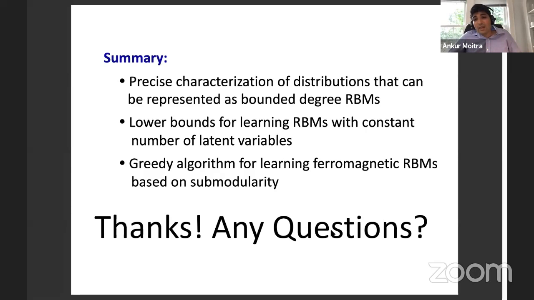Okay. But let me actually mention, I'm an algorithms person. I have a hard time believing complexity results as real barriers in some cases. Sometimes I reluctantly do. But the lower bounds that we have are kind of weird because they're degree D, but with 2 to the D hidden nodes.